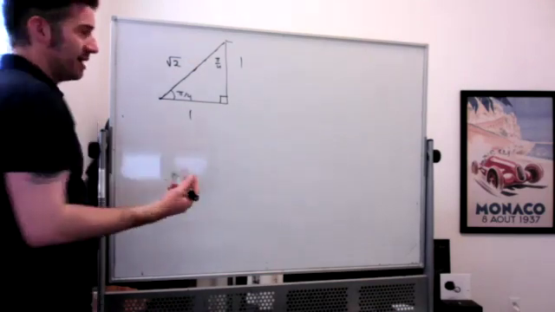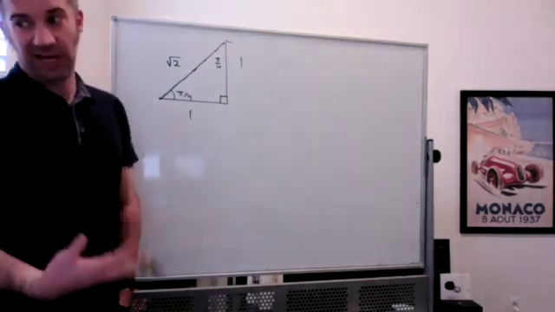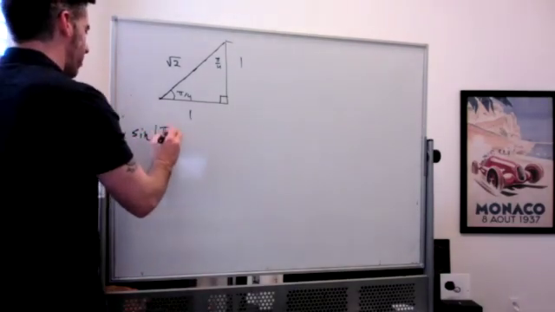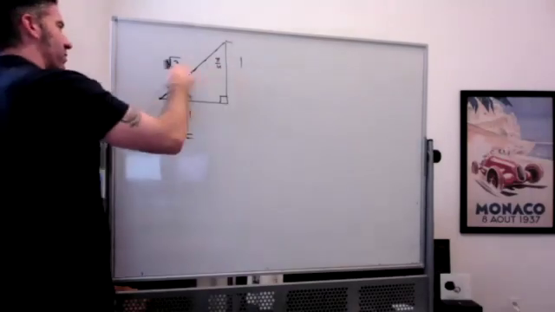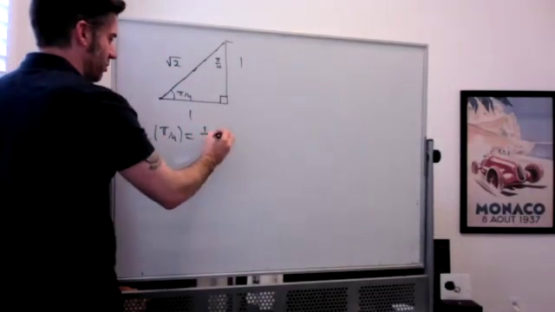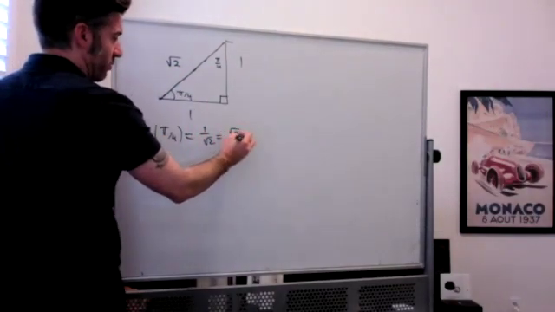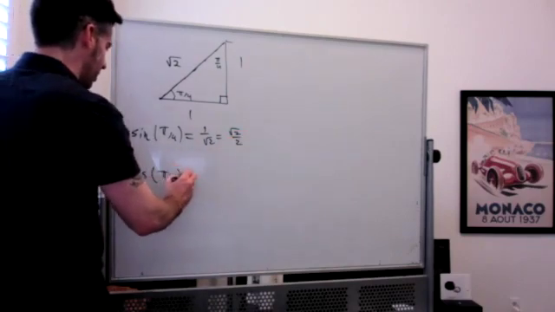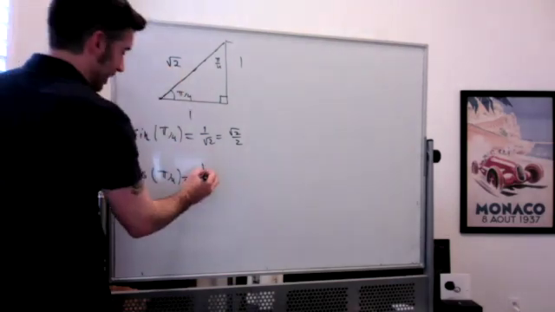And then the nice thing about the angle pi over 4 is that sine and cosine are the same, right? Sine of pi over 4 is opposite over hypotenuse, which is 1 over root 2, which rationalizes as root 2 over 2. Similarly, cosine of pi over 4 is adjacent over hypotenuse, which is the same.